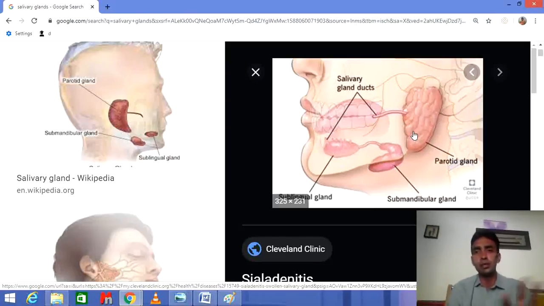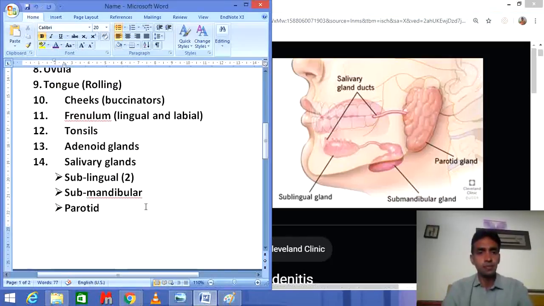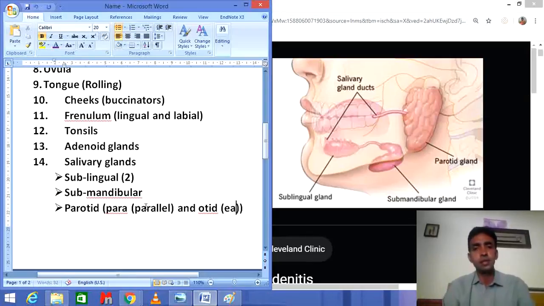Parotid is derived from the words para and otid. Para means parallel or aside, and otid is for ear.